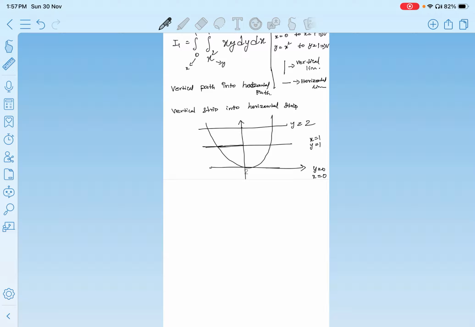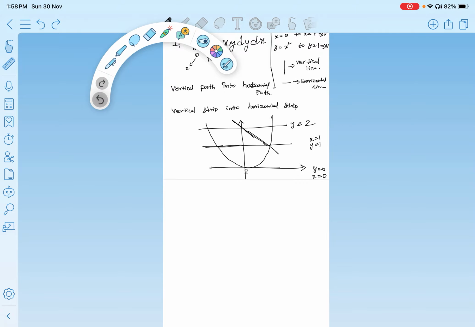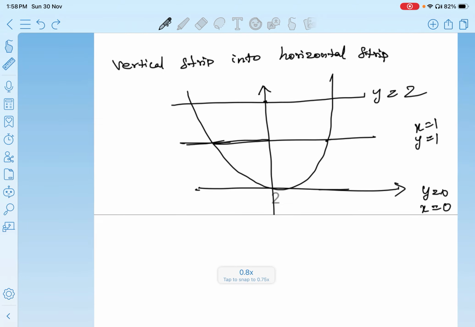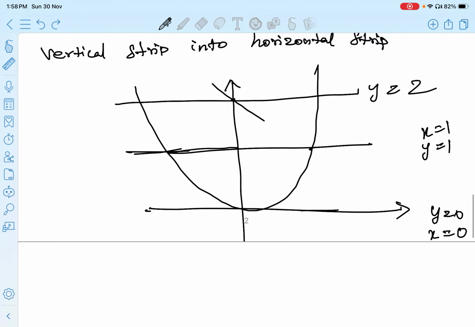So from y equal to 2, x minus x, that means this line is going to fall here. So this is y equal to 2 minus x, that line.